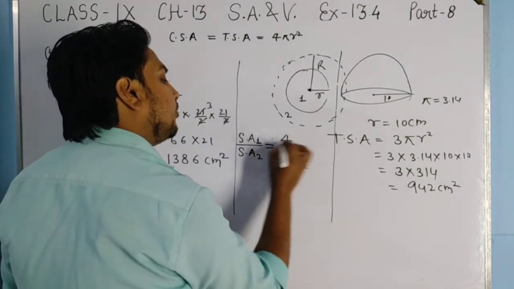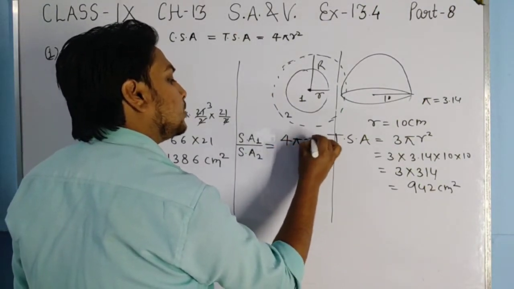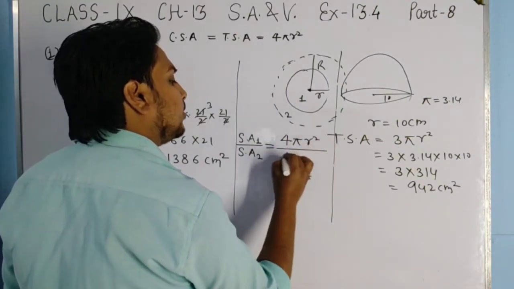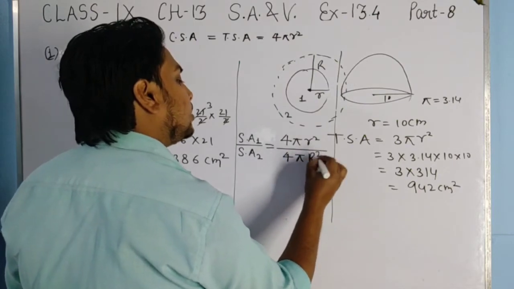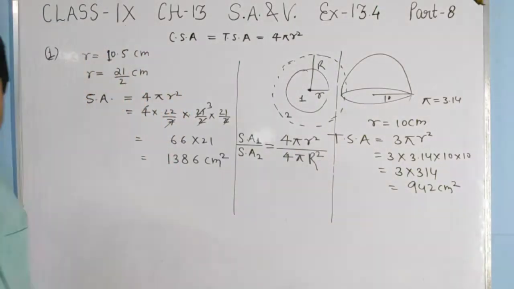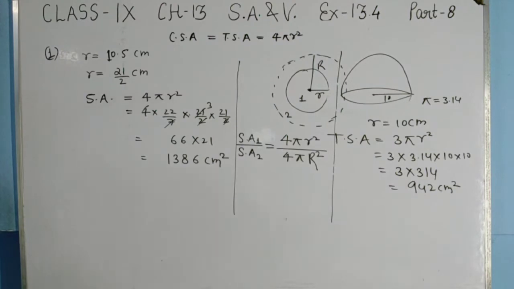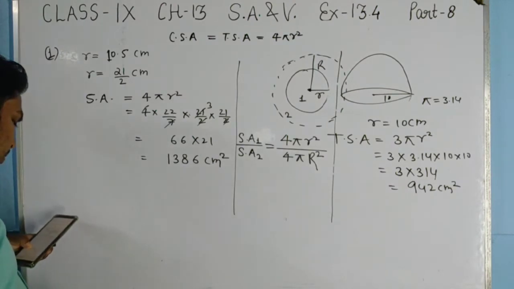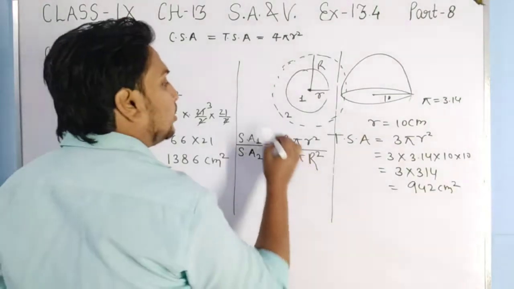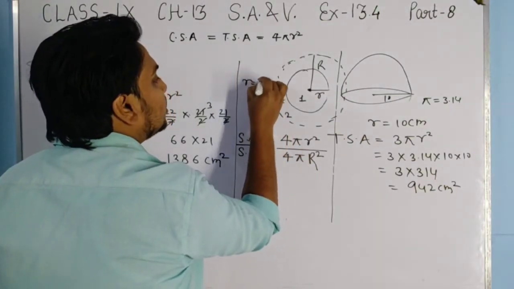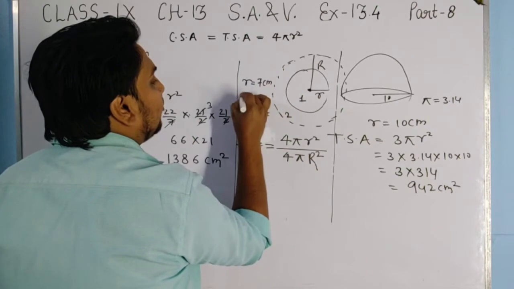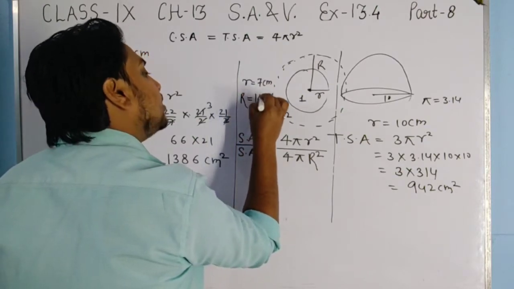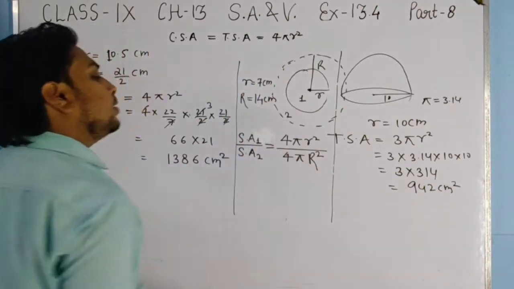The formula for this will be 4 pi small r square, and the formula for this will be 4 pi capital R square. Okay, so we have to tell the ratio. See, in the first case the radius was 7 cm, and after the air is pumped it increases to 14.